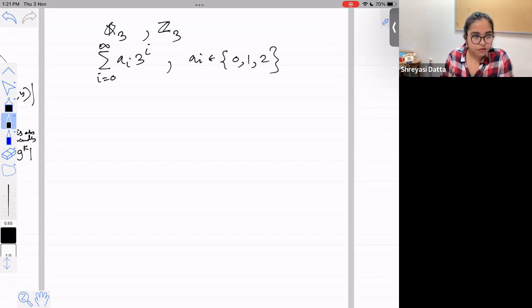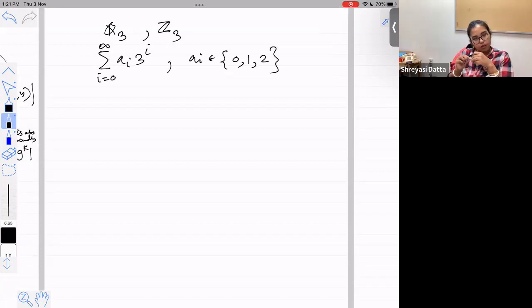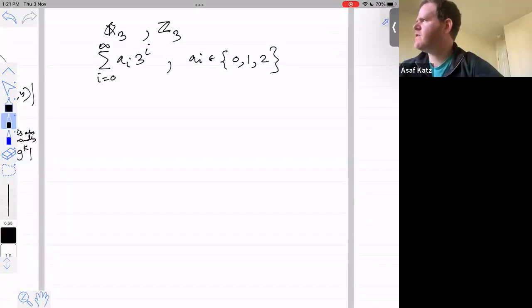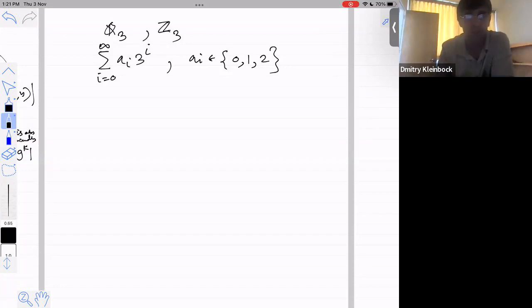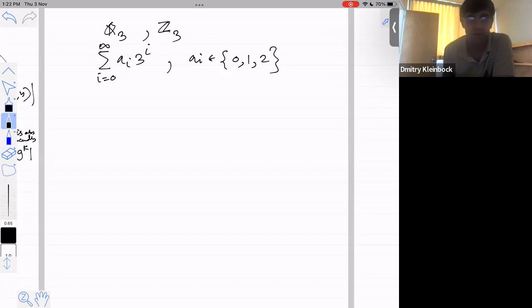So the fractal is where the a_i take only the values 0 and 2. Isn't that a set of positive measure in Z_3? Why? Don't you have 2/3 to the power i? At every stage you have 2/3, but when you multiply these together it goes to 0. I see. And it's the same as the Cantor set on the real line.